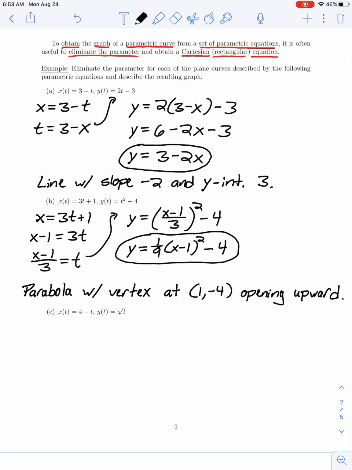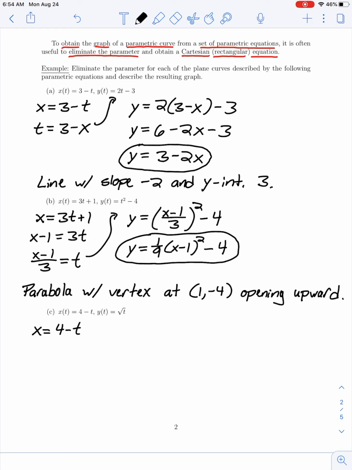In part C, we have the parametric equations x is equal to 4 minus t, and y is equal to the square root of t. So as with our other examples, to eliminate the parameter, we can try to solve one of our equations for t. So here we have x is equal to 4 minus t.